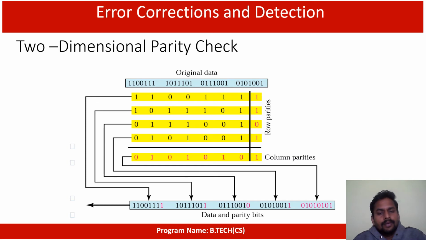So you see here what they are filling. We will go for the first row: 1100111. Totally 5 ones we are having and 2 zeros, so they are adding one. It means they are following even parity, because they are making the odd number of ones into an even number. So indirectly we can understand that it is even parity.